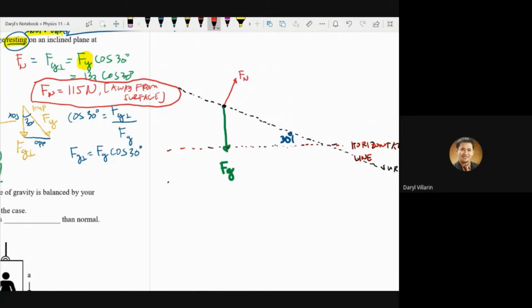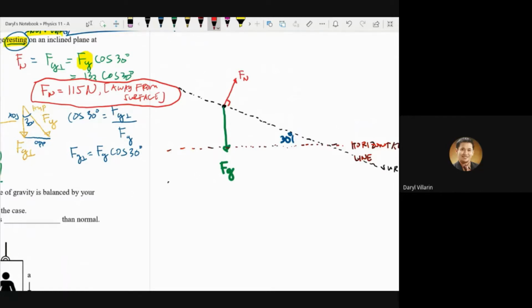The normal force, by definition, is the force exerted by the surface on an object, and it is always perpendicular to the surface. So that means that this is 90 degrees here, the perpendicularity symbol.